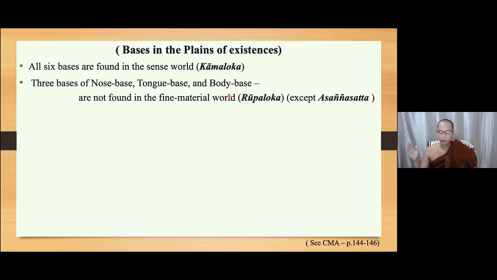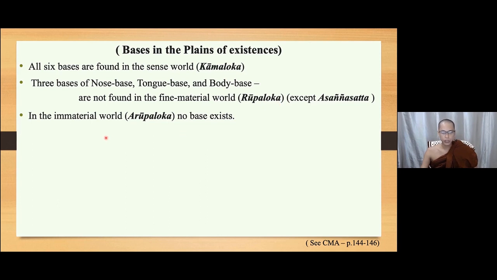So the 3 are not found in the Rupa Loka, except for Asannasatta, because in Asannasatta there is no consciousness and no materiality for the base. Here, in Rupa Loka, we need to understand the 15 material worlds except Asannasatta.